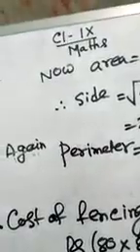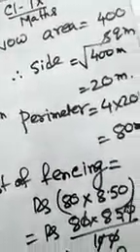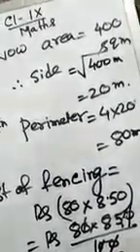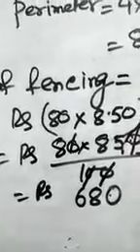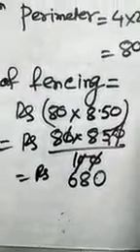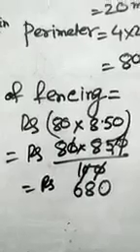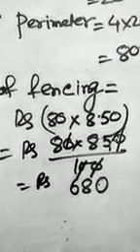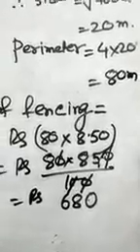Now we calculate it, 680. Most probably it is the correct answer. So the answer is, at a rate of 8.50 per meter, this is 680. Wait 1 minute.